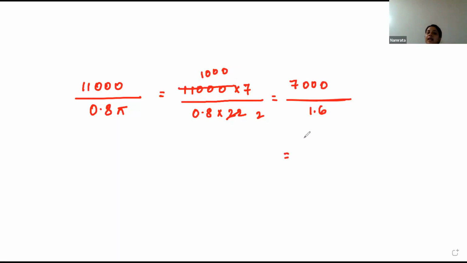This 1.6 can be written as 16 over 10, right? Can we write 1.6 as 16 over 10? Yes, ma'am. That means we can go ahead and do the calculation further. So please do it and check what exactly you are getting.